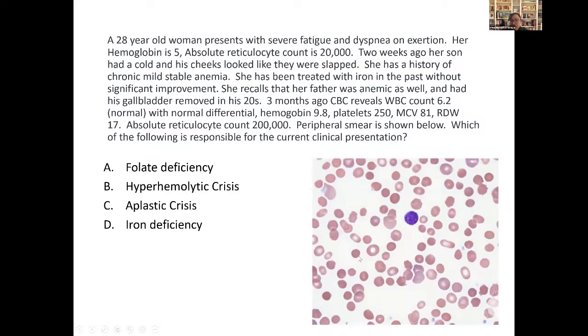If you look at the smear, you see a bunch of these cells which have no central pallor, and they look kind of smaller than the rest of the cells, right? So they're called spherocytes. The two main conditions in which you see spherocytes are warm autoimmune hemolytic anemia or hereditary spherocytosis, right? It's the red cell that's missing a part of the membrane and therefore has a balloon-like shape.